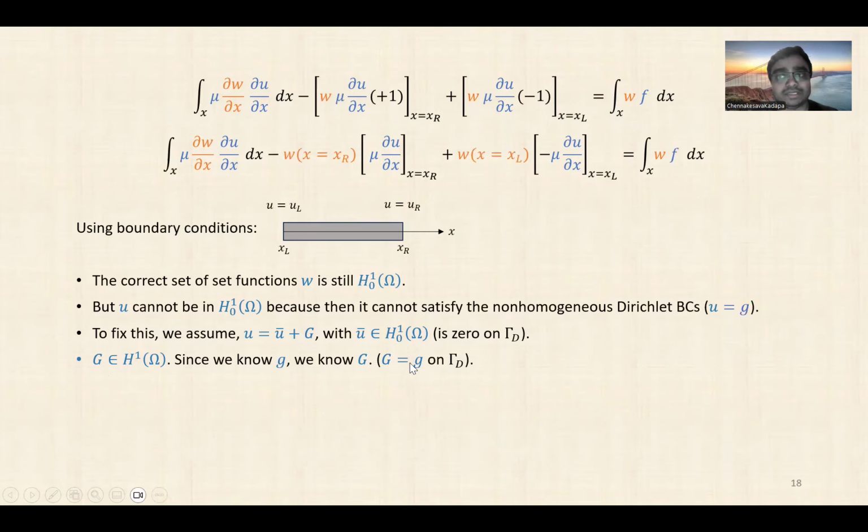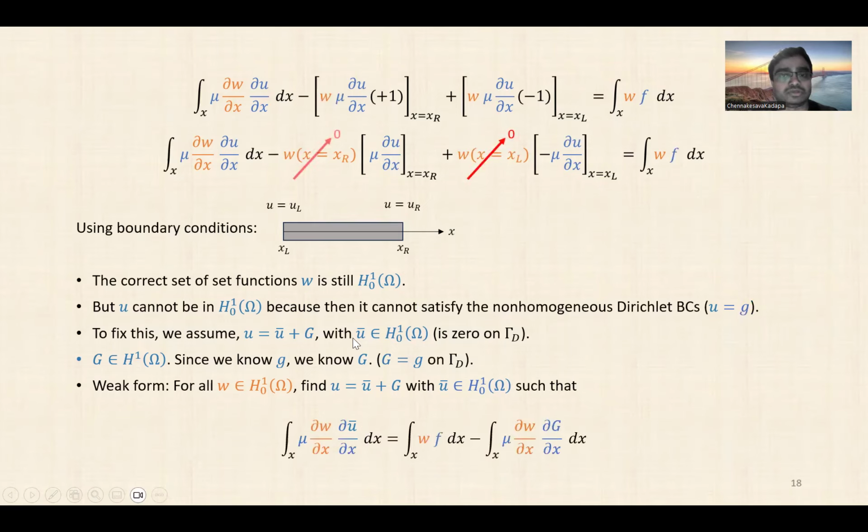From small g, we can calculate capital G. Now, by making use of u equal to u bar plus G, we can still take the test function in H10 space, and by doing so, we can remove these boundary terms because the test function vanishes on the Dirichlet boundary.